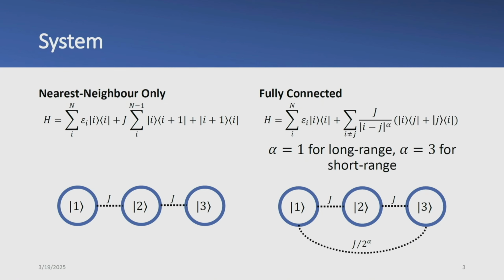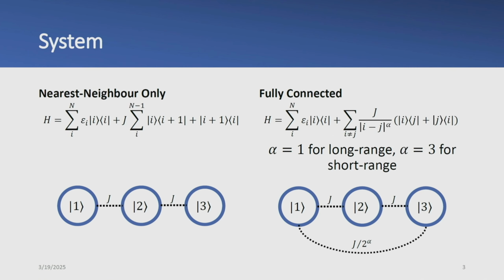The system that I'm interested in is just a one-dimensional chain of 2-level systems, and I'm specifically going to assume that only one exciton can be present in the system at a time so that I can use this tight binding Hamiltonian you see here. I'm going to talk about 2 different coupling schemes here. The first, on the left, is nearest neighbor hopping only, so I'd use the Hamiltonian on the left there.